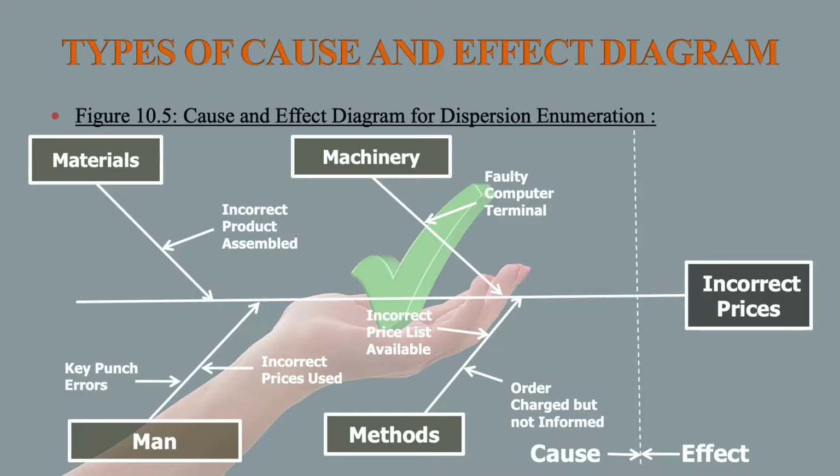So the main causes are materials, machinery, men, methods. With that we can see why the incorrect price has arisen. So that is the problem. To reduce that incorrect price, we can identify various causes with the cause and effect diagram.